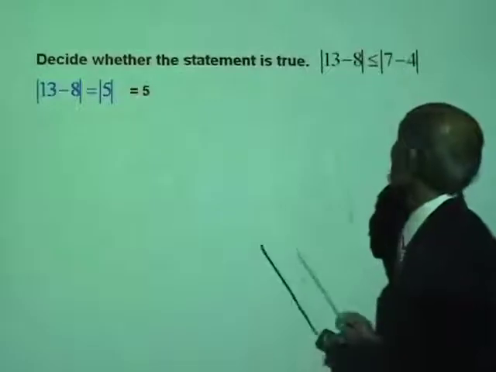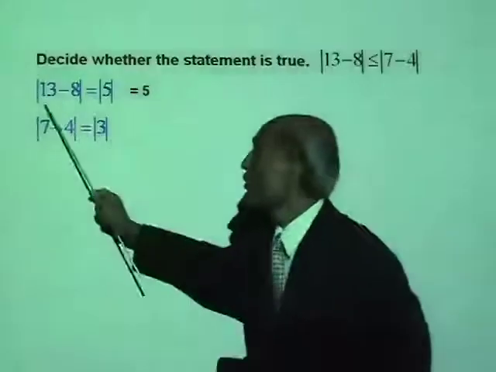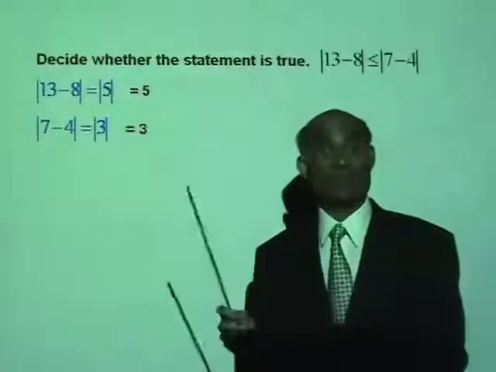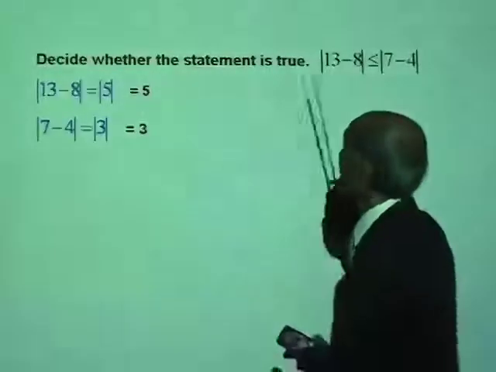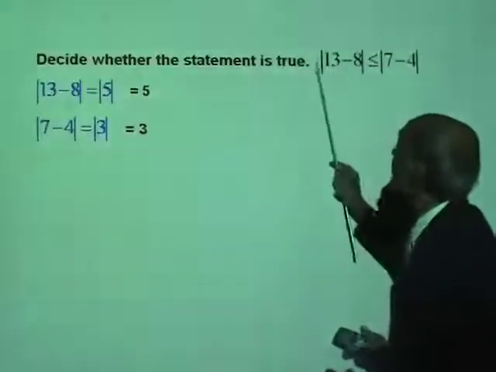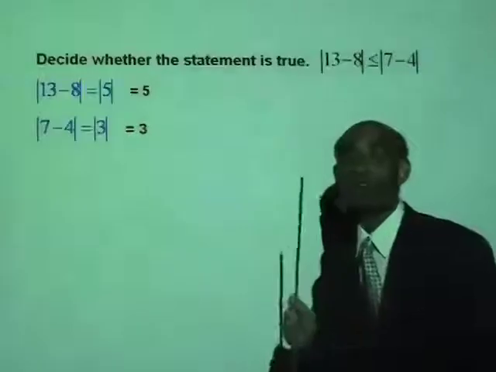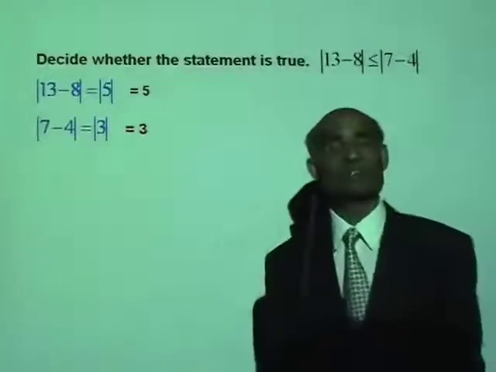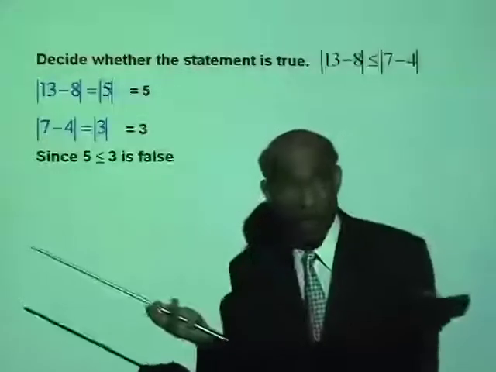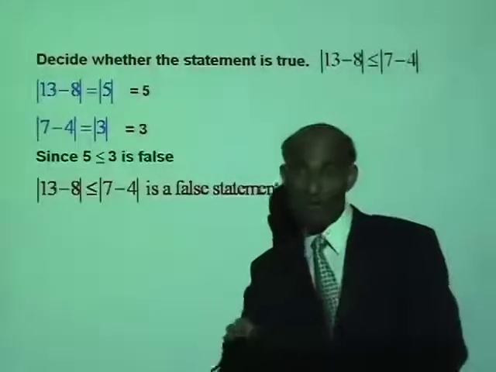Alright, let's simplify this. 7 minus 4 is 3. Therefore, absolute value of 7 minus 4 is absolute value of 3. That is 3. Alright? Is 5 less than or equal to 3? This is 5 and this is 3. So if this statement is true, then 5 is less than or equal to 3. Is it true? Since 5 less than or equal to 3 is a false statement, this statement is false. I hope you understand the way we do this.